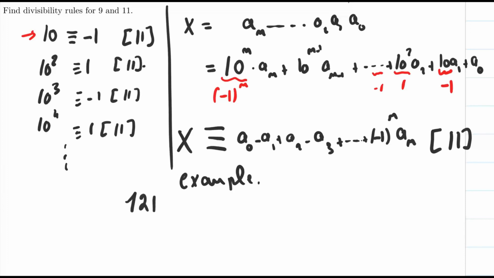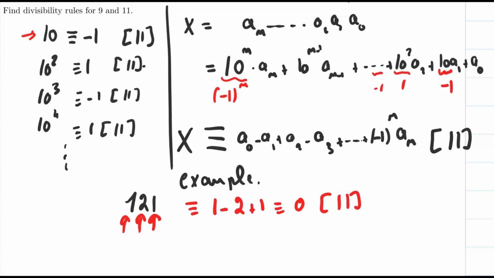If we take a small example, let's say 121. I know that 121 is divisible by 11. It's 11 times 11. If I take the alternating sum, I have to take 1 minus 2 plus 1. So it is congruent to 1 minus 2 plus 1, which is congruent to 0 modulo 11. So it is divisible by 11. Yeah, I know it.